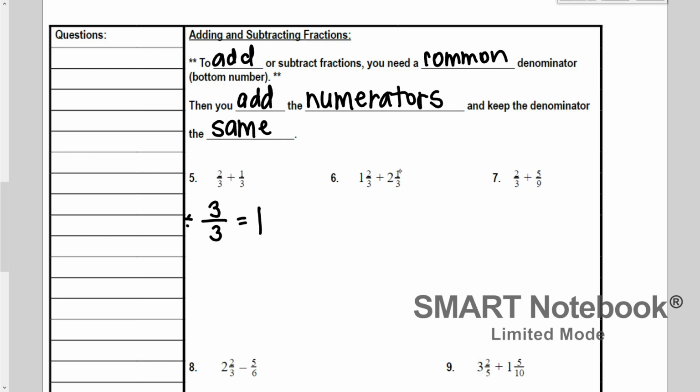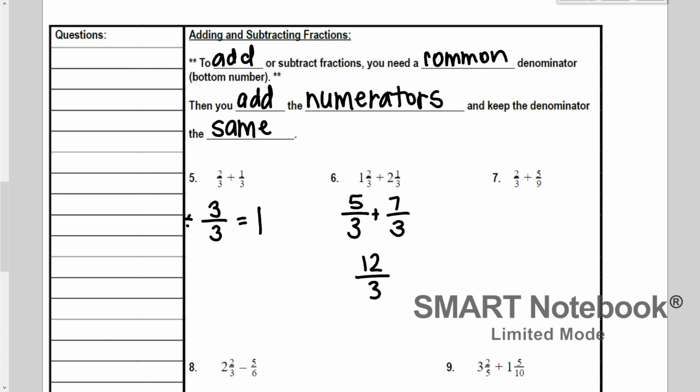When we have a mixed number, we can make it improper. So 3 times 1 is 3, plus 2 is 5. That would be 5/3. Plus 2 times 3 is 6, plus 1 is 7, 7/3. So again, we're going to add those top numbers. 5 plus 7 is 12.